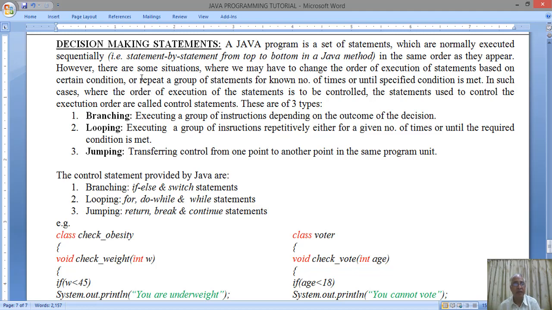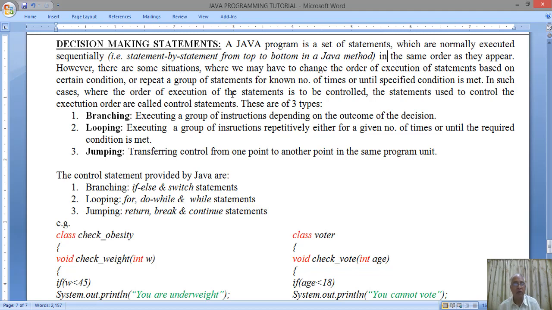You have to take the decision whether to execute this statement or that statement. So it is a branching sort of a thing. Or you have to jump from one point to another point of the program. That is also called a control statement.